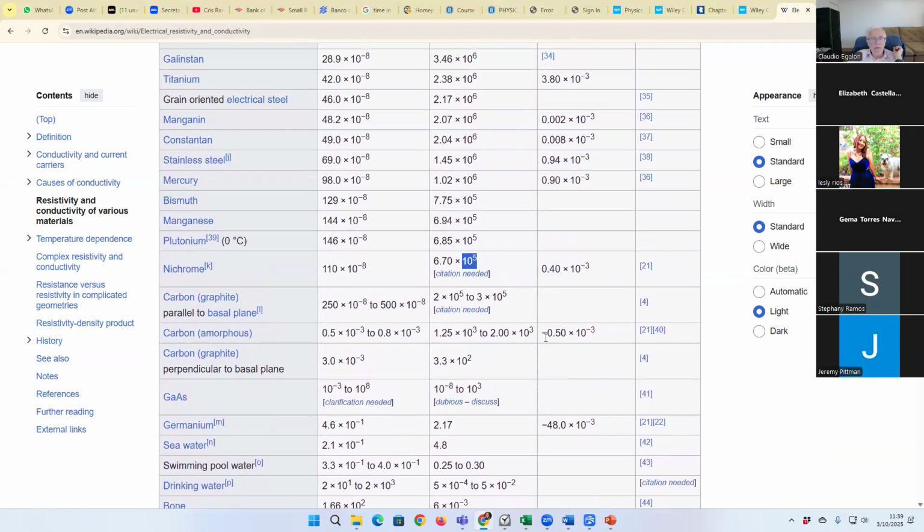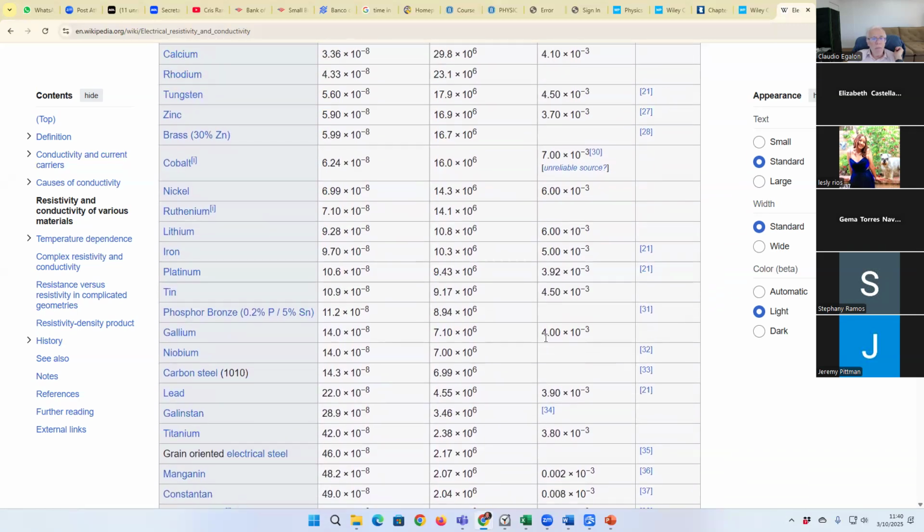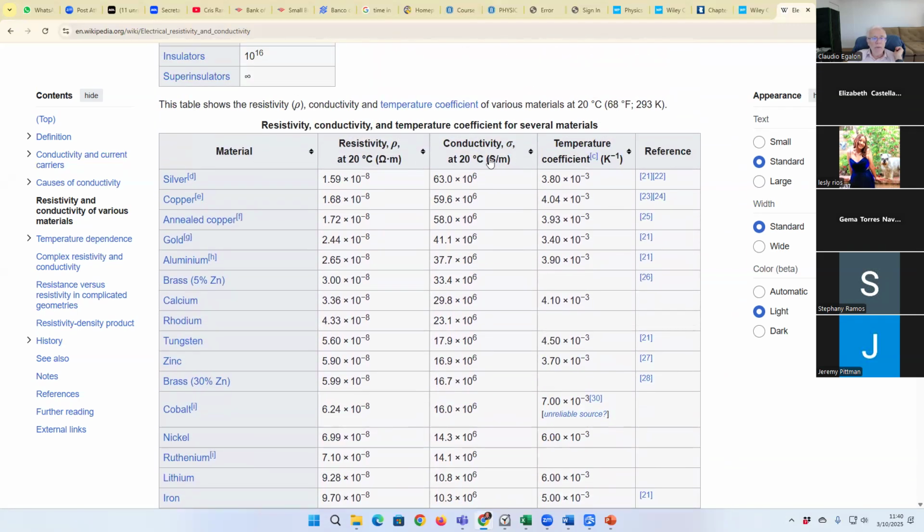So those values have been measured. And the conductivity is just the inverse of the resistivity.